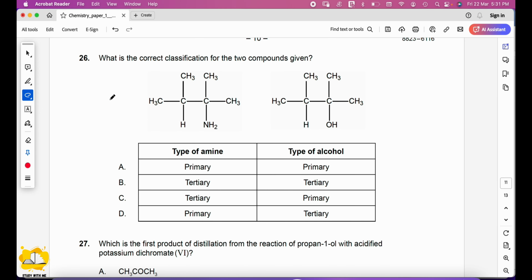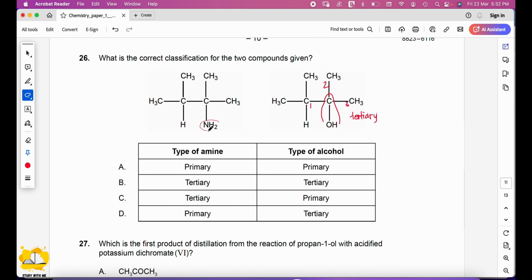Okay, what is the correct classification for the two compounds given? For alcohol, the C with the OH is attached to three other C. 1, 2, 3. So this makes it a tertiary alcohol.